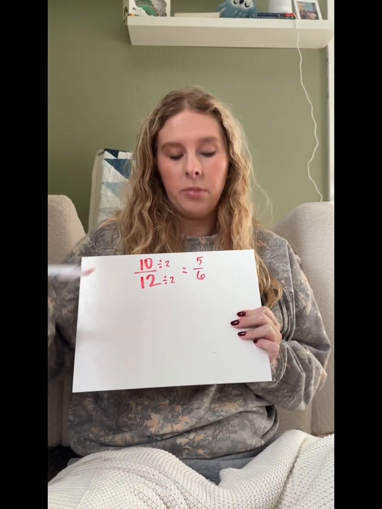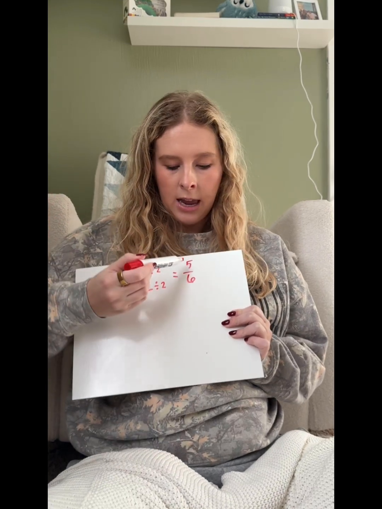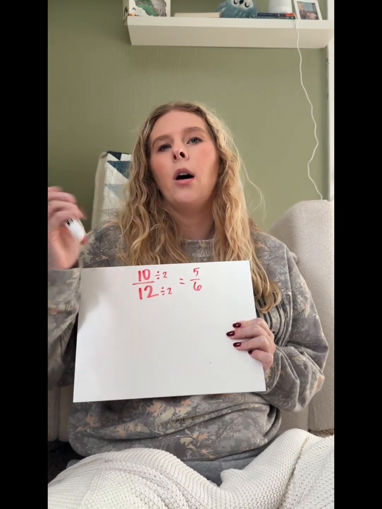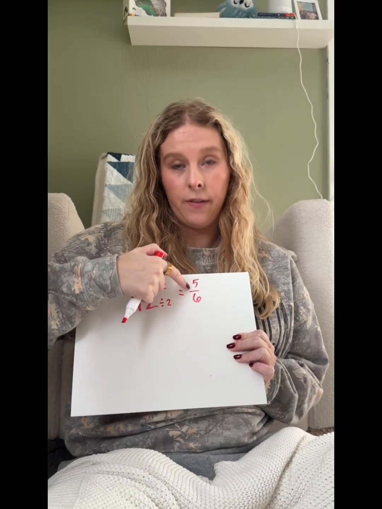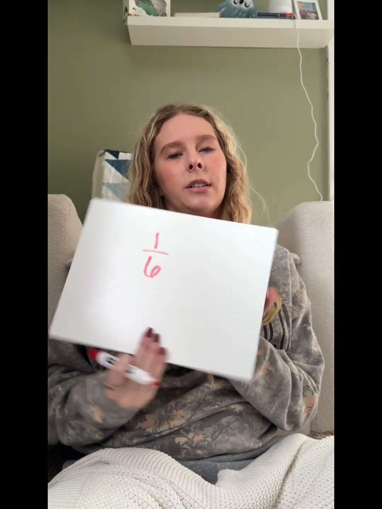A fraction is also simplified if the numerator and denominator are one number away from each other. So like 5 and 6, we need one more to make it a whole, that's simplified. If the number has a 1 on top, meaning it's a unit fraction, like 1/6, that's already simplified.